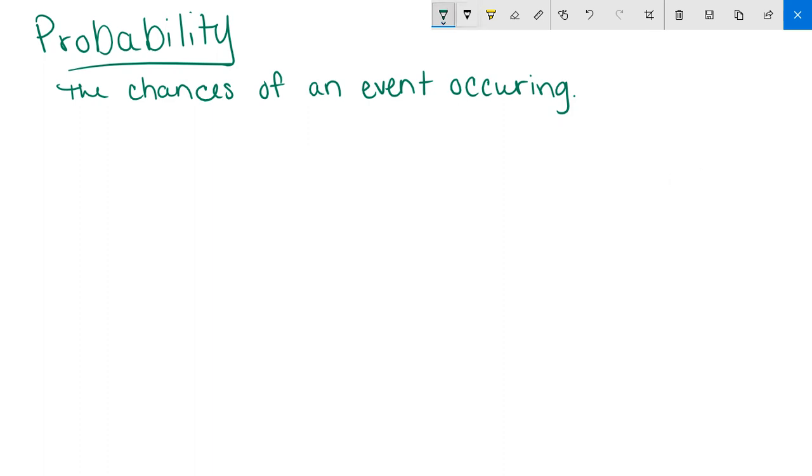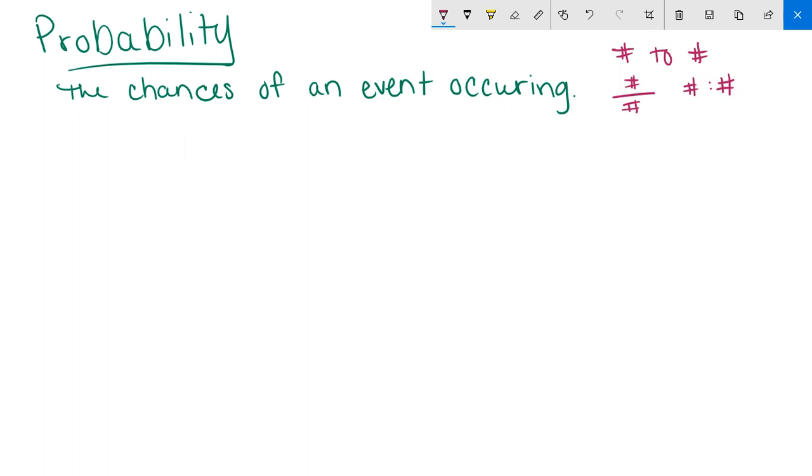So if you wanted to, you can write it as this to that, a number to a number. You can write a number over a number in fraction form, or you can do it with the colon and write it like that.